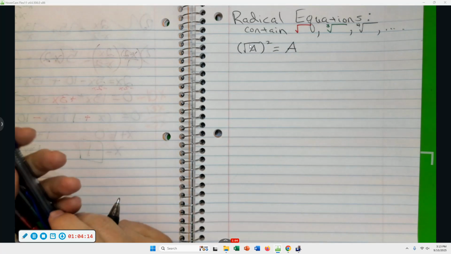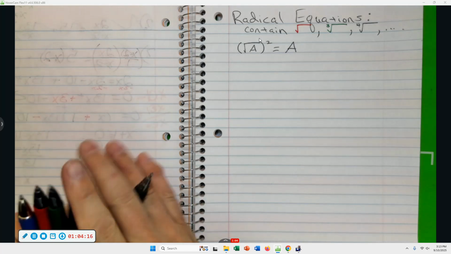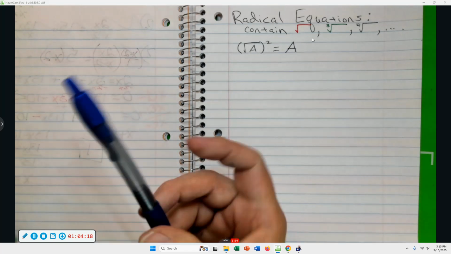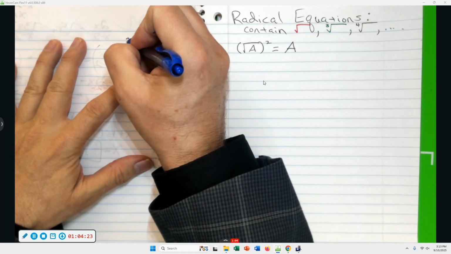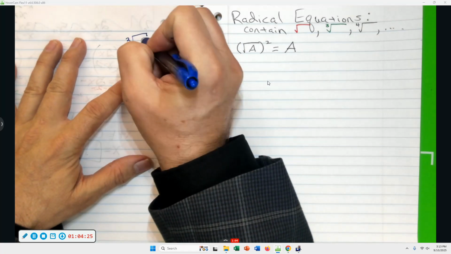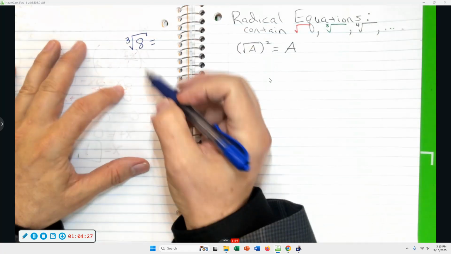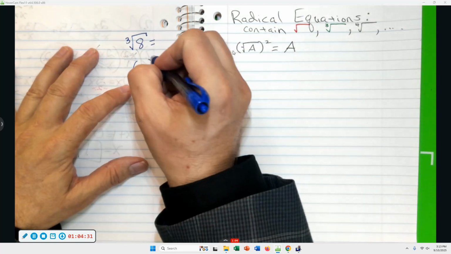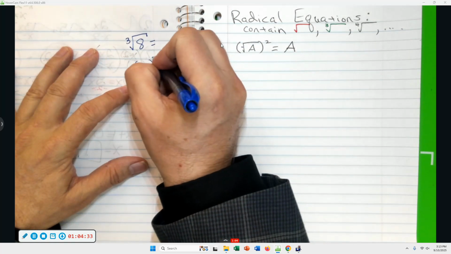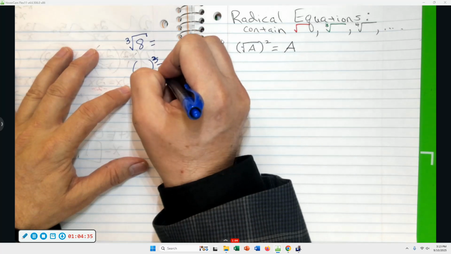I'm using a for anything, okay? And if we're working with a cube root, just to remind you of what a cube root is, the cube root of 8, instead of square root, you're asking yourself, what can I cube to give myself 8?